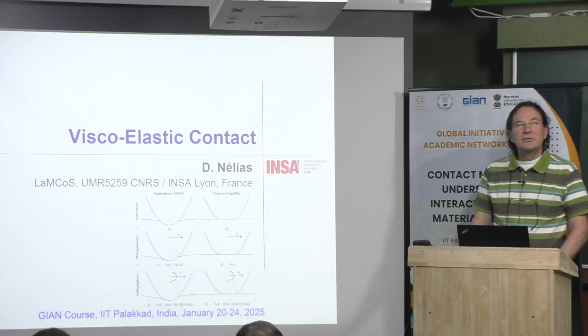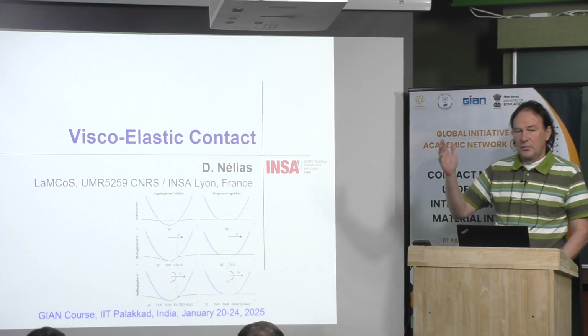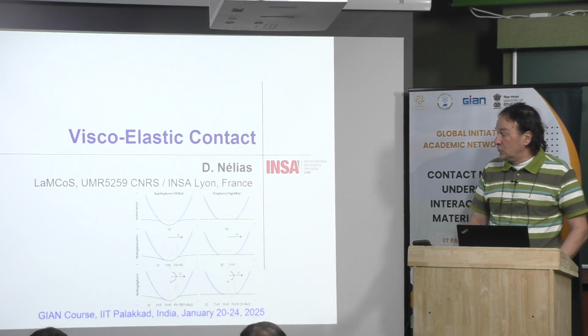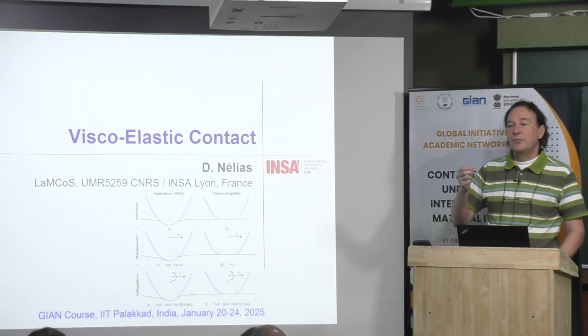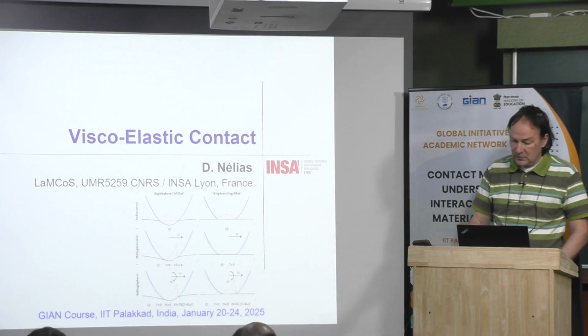Then I will also present some results when we have viscoelastic layers, with any number of layers, for example. Maybe one or two results when both materials are viscoelastic, and also when one of the materials is viscoelastic and contains some heterogeneities or inclusions within one or several.